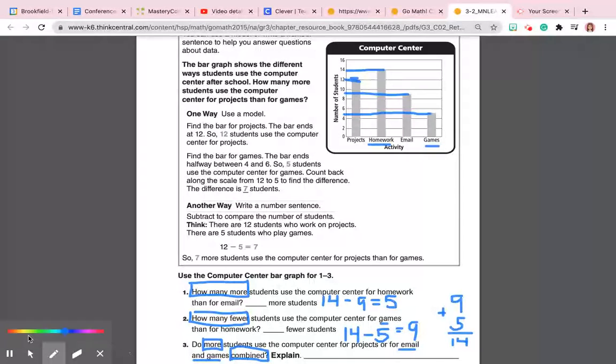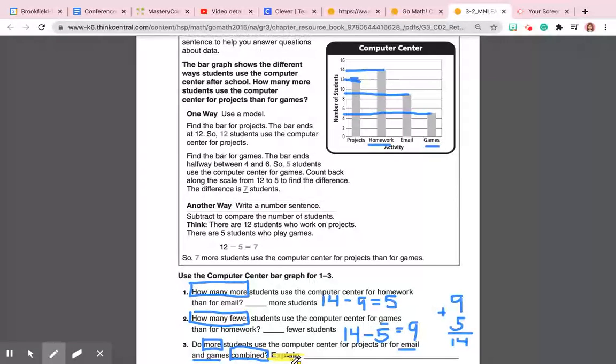Now, I see this magic word over here. This is a word that we often forget. Explain. You now need to explain how you know that more students use the computer center for email and games combined than for projects. You can find this answer by looking at the work we just did.